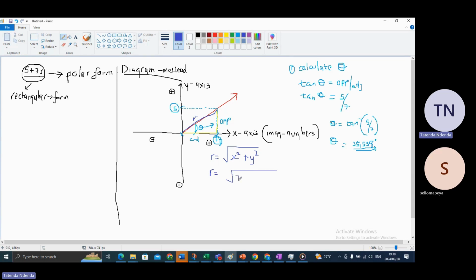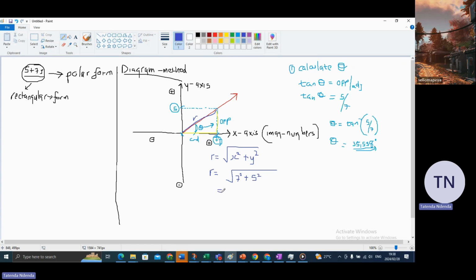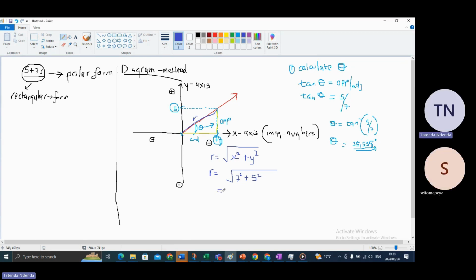Which means that our R is equal to the root of x squared, that's 7 squared, plus our Y is what? 5 squared. So at the end of the day, if we punch our calculators, we know that it's going to be 5 squared plus 7 squared is equal to 74.